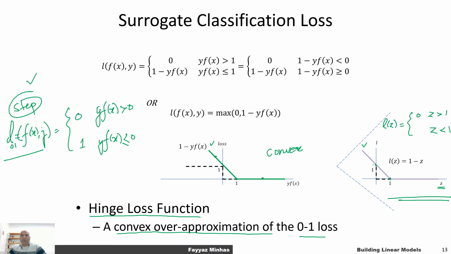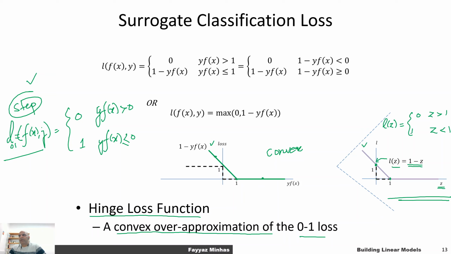We can use the two-point form to find the equation of this line, and that comes out to be nothing but 1 minus z. We can verify that: if you put z equal to 1 in this function, L of z comes out to be 0. And if I put z equal to 0, which corresponds to this point, the output becomes 1. So L of z equal to 1 minus z is this particular line.